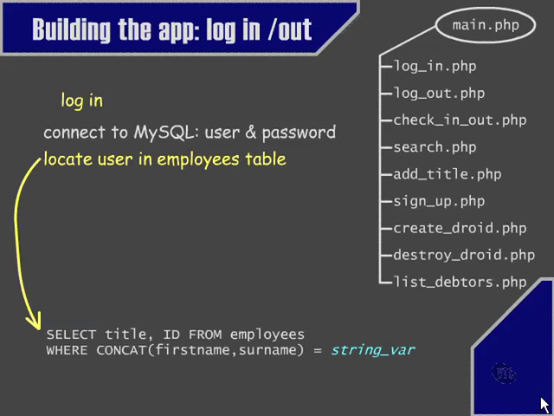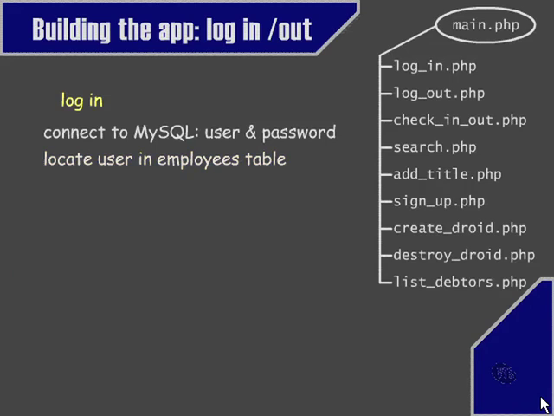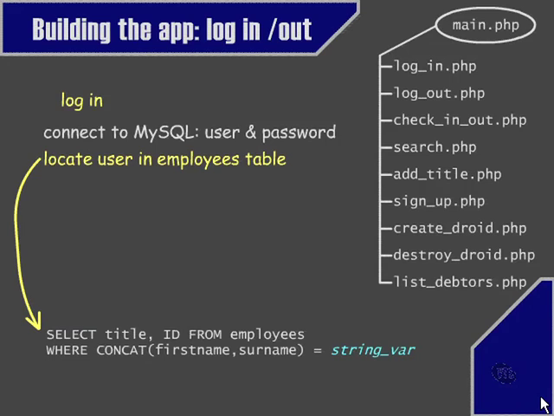Select title and ID from the employees table, where concat(first name, surname) equals, and here's an application variable that I'm using to represent a variable that is going to be manipulated by the application itself.